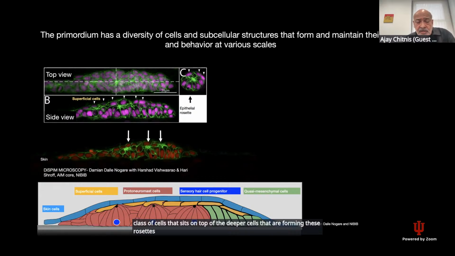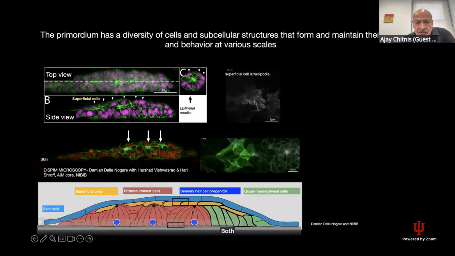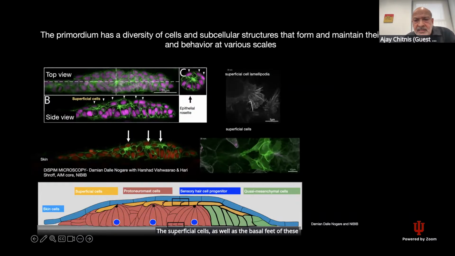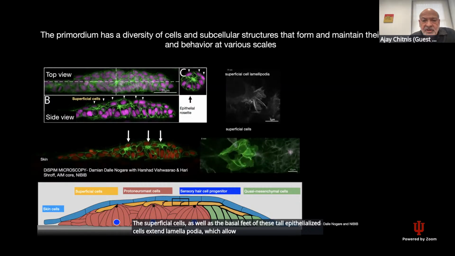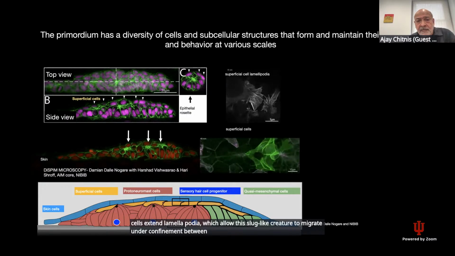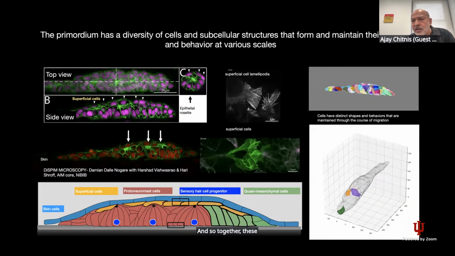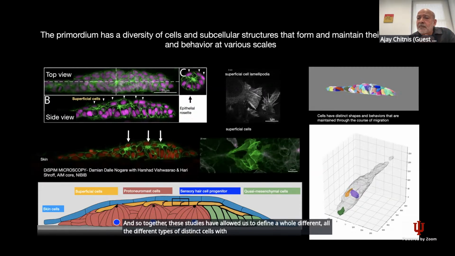What's special about these cells is that both the superficial cells as well as the basal feet of these tall epithelialized cells extend lamellipodia, which allow this slug-like creature to migrate under confinement between the skin and the extracellular matrix below. Together, these studies have allowed us to define all the different types of distinct cells with distinct shapes and behaviors that are maintained through the course of migration.